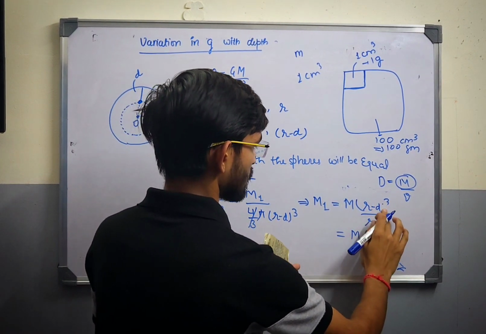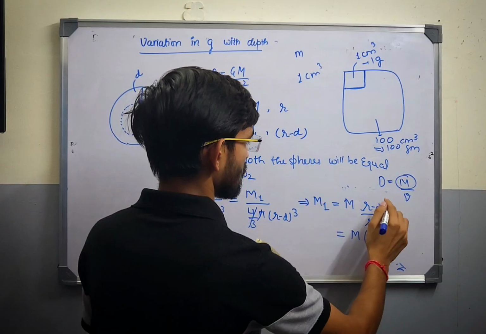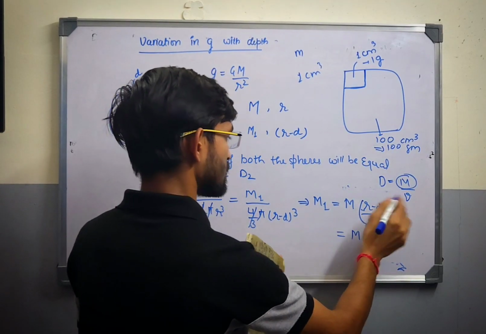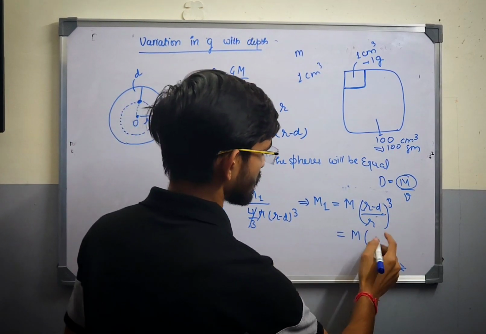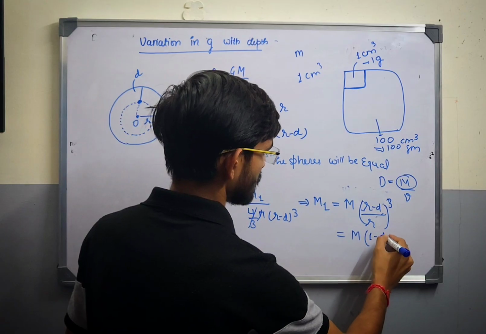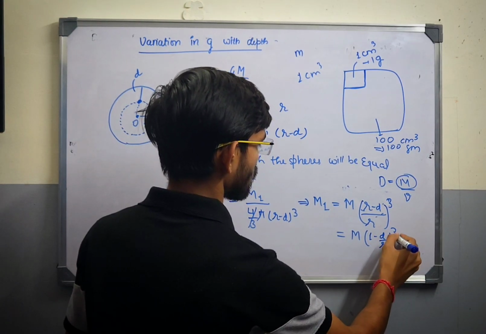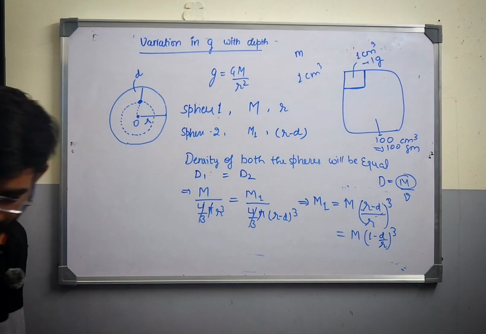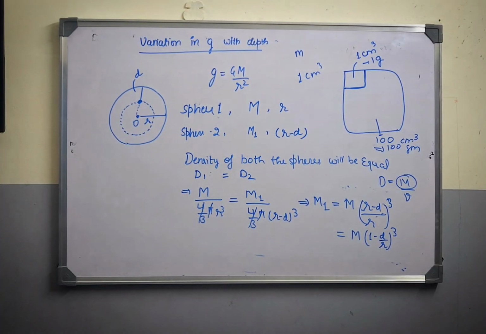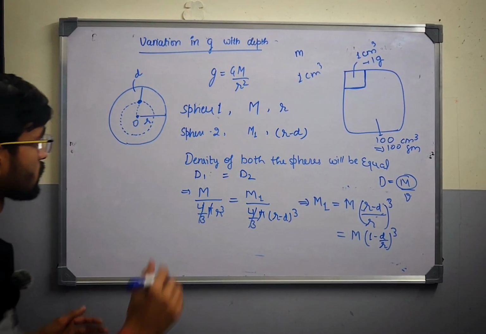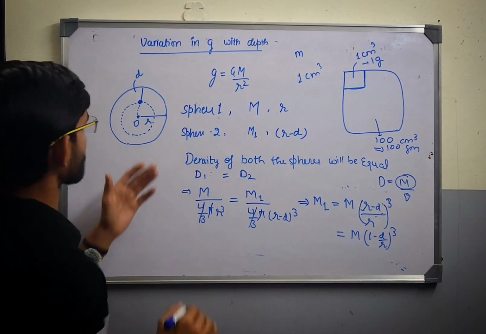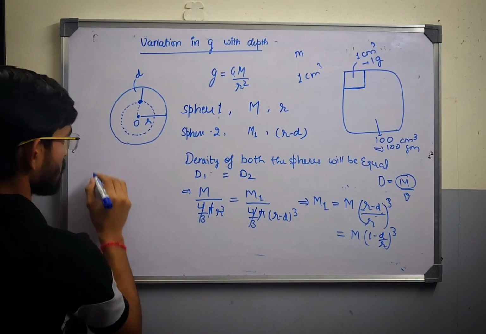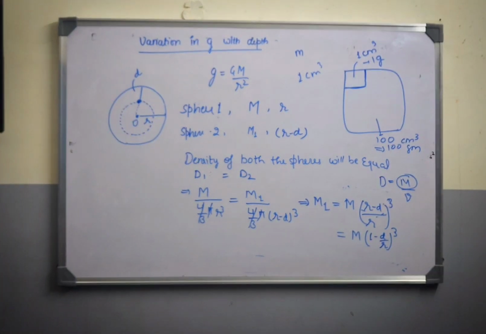If you take this (r minus d) whole cube, you can take r out like this. So it becomes M times (1 minus d upon r) whole cube. Now for acceleration due to gravity, I have to erase this part.